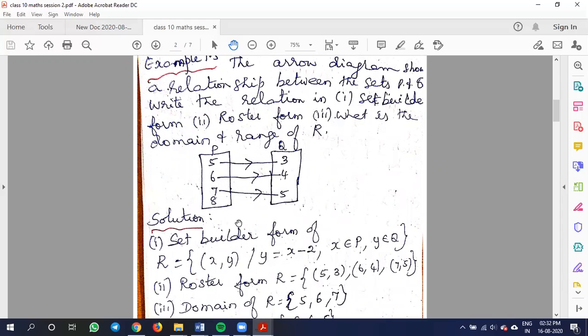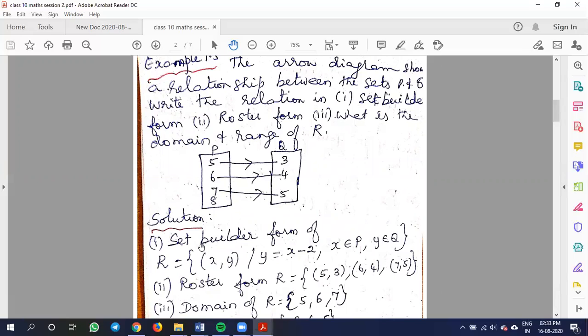For that, how to find out? This is x, the element of x. You can take P as x and Q as y. How are we getting y? 5 minus 2 is 3. Can you able to follow? 6 minus 2 is 4. 7 minus 2 is 5.